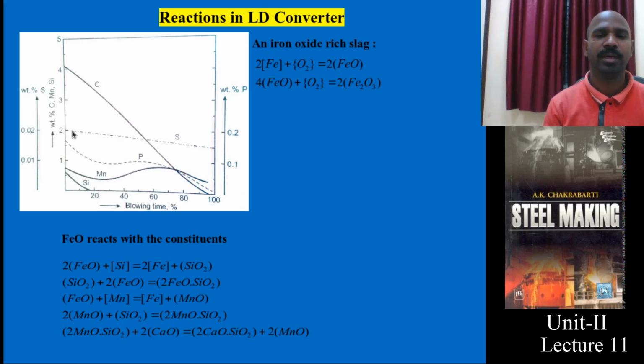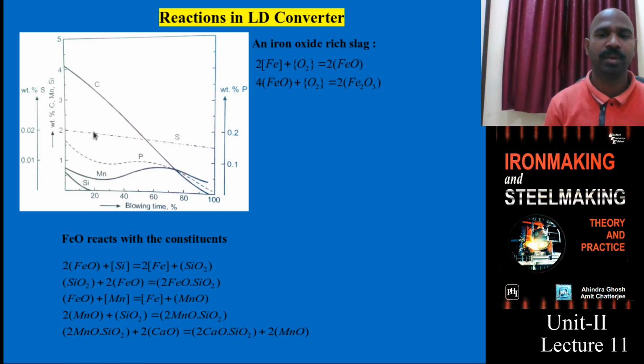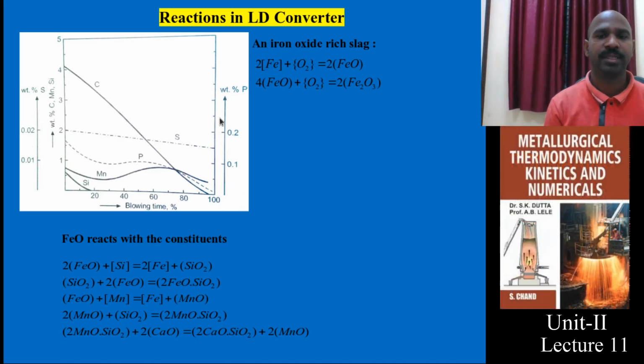And coming to the sulfur, initially at 10 minutes the sulfur is at around 2%. This is the axis for the sulfur, and this one is for the phosphorus. After 100 minutes it is largely reduced to 0.025.